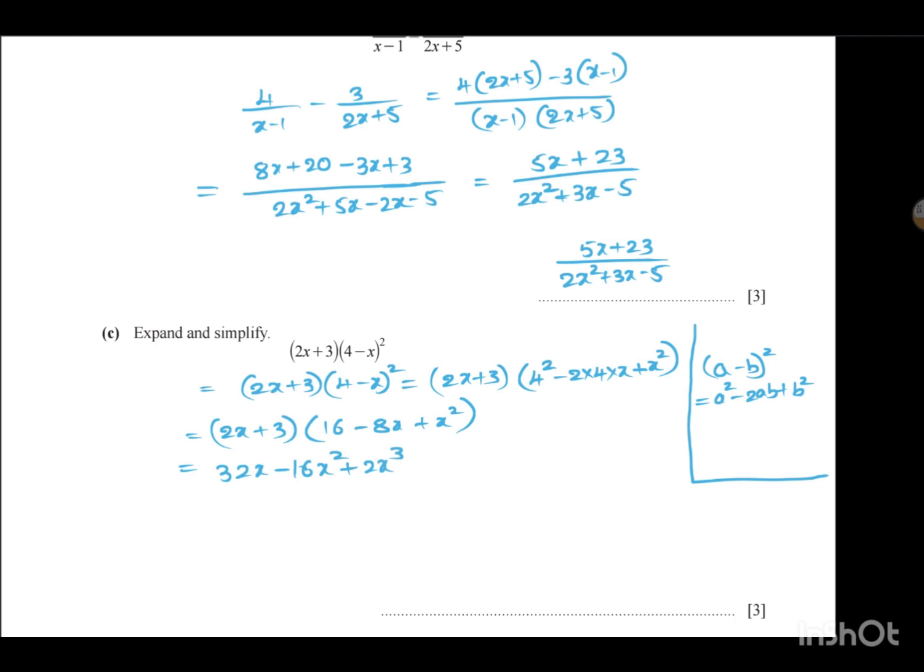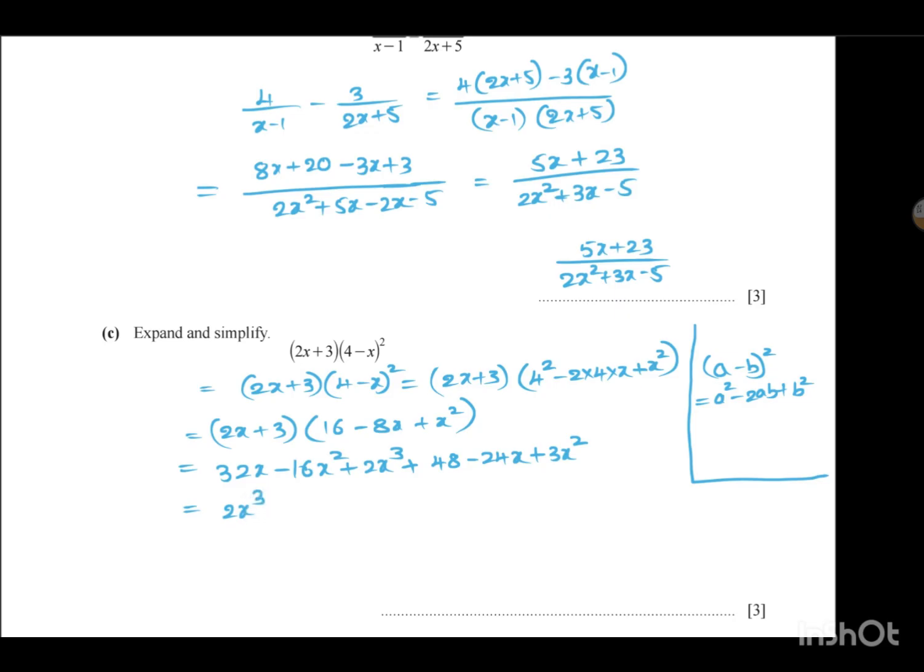Next 3 into 16 is 48. Then 3 into minus 8 is minus 24x. 3 into x square is 3x square. Now add the like terms, keeping the highest degree first, that is 2x cube is only one term here with x cube term.